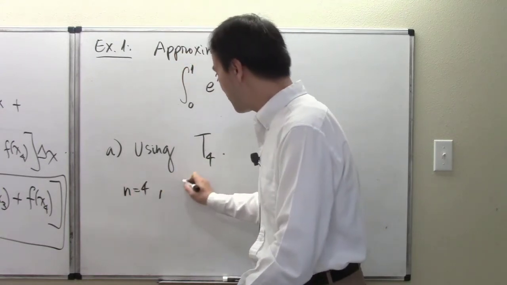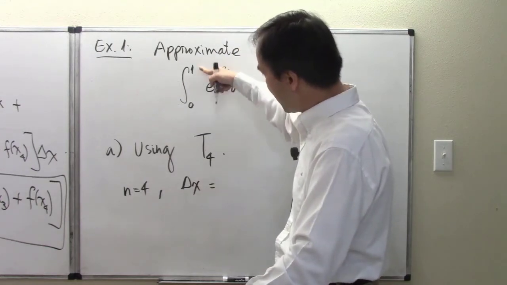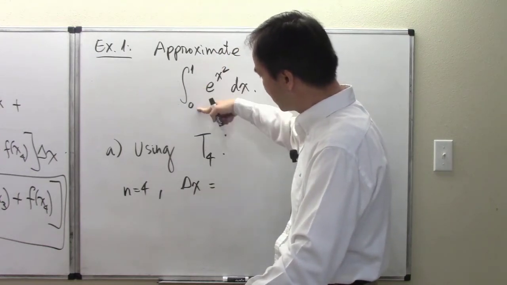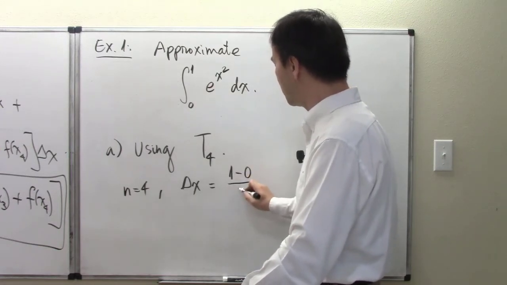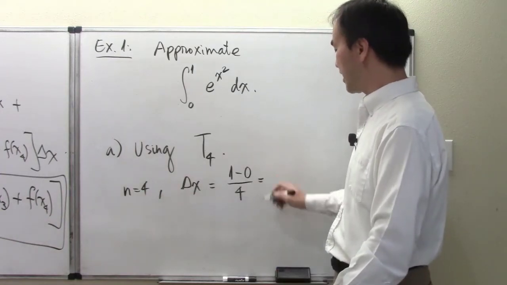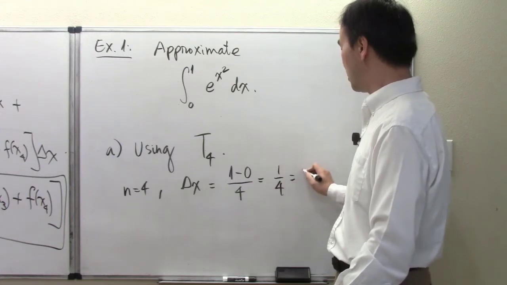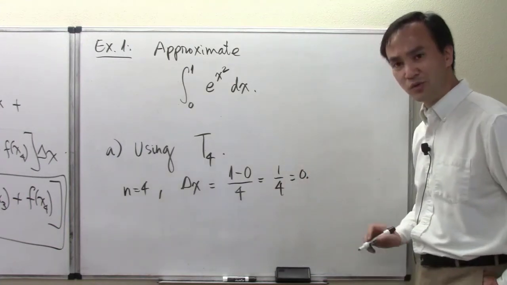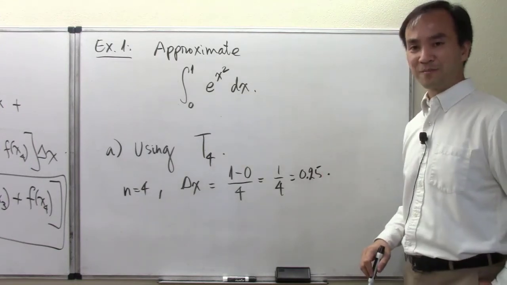That means each of our delta x is going to be the final point b minus the beginning point a in our interval, so 1 minus 0 over 4 subintervals. That's how big each of our delta x is. So delta x is going to be 1/4, or if anyone likes to use a decimal value, it's 0.25.